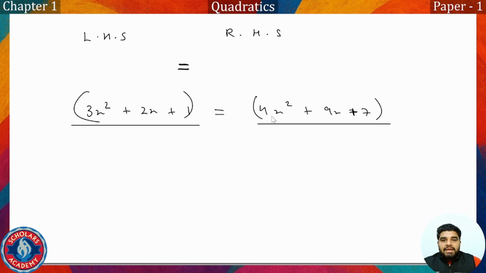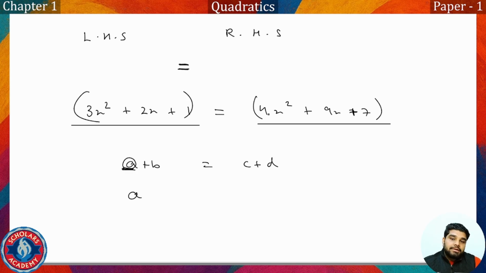Whenever we simplify equations, we shift things to the right or left hand side, or we want to isolate some terms, and in that case we need to keep in mind some things. For example, if I say a plus b is equal to c plus d, if I want to find the value of a, I need to eliminate this b from the left hand side.